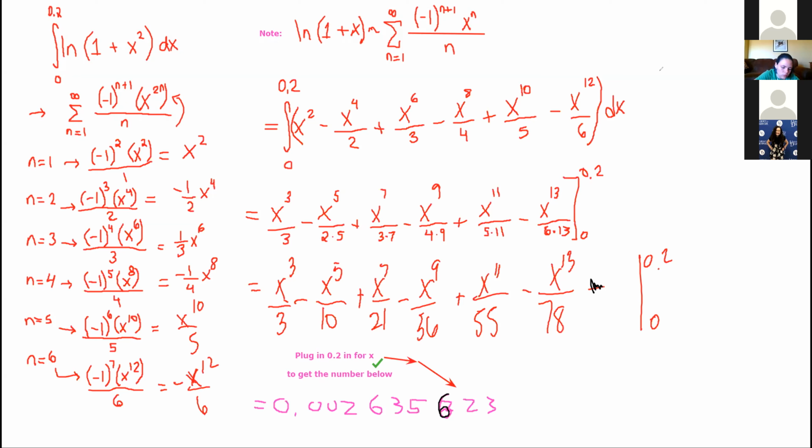So in this case, like say if this was the test problem, we would be given the equation, then find the integral, and then we would be given the approximation. What approximation are you saying that you have to find? Well, in this case, it's kind of given to us, but this would be the sum of -1 to the power of n plus 1 times x^n over n. So that's the power series representation.